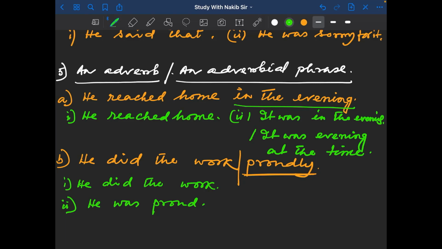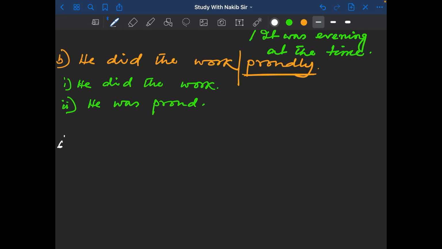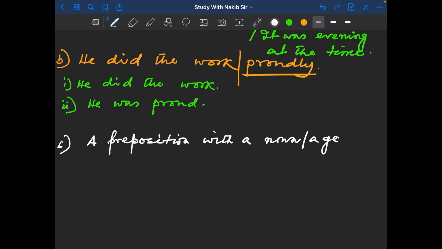Okay, now if you get in a sentence a preposition with a noun or gerund, a phrase with a preposition and a noun, like this. A preposition, you know all these terms, with a noun or a gerund.